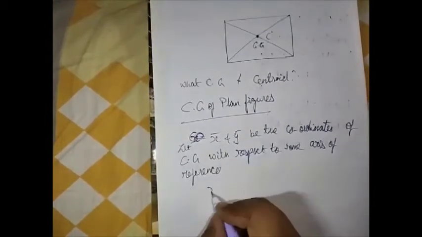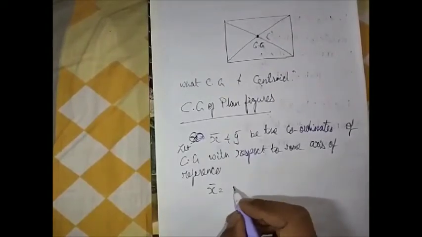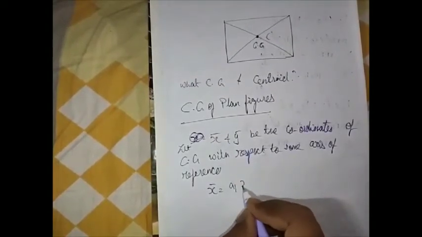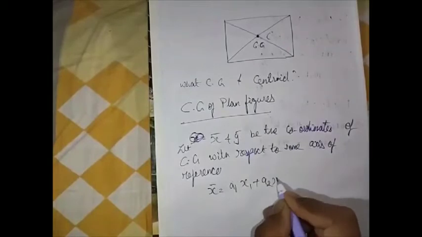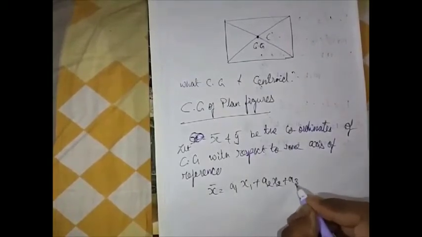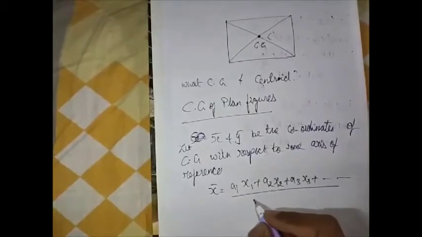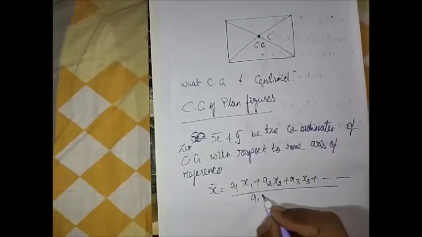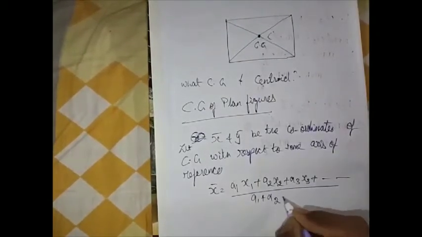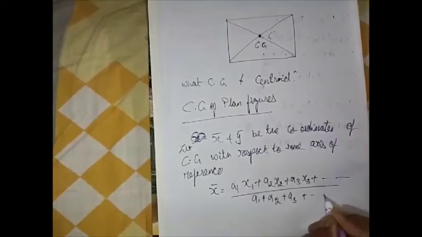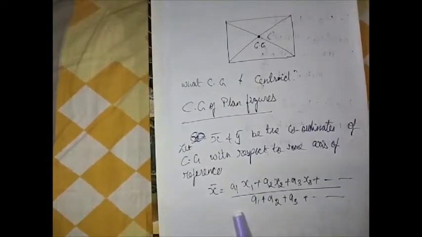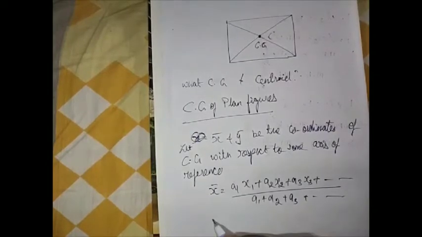So what is x bar? X bar is nothing but a1 x1 plus a2 x2 plus a3 x3 plus so on, for however many figures there are, divided by a1 plus a2 plus a3. This is the formula for x bar.